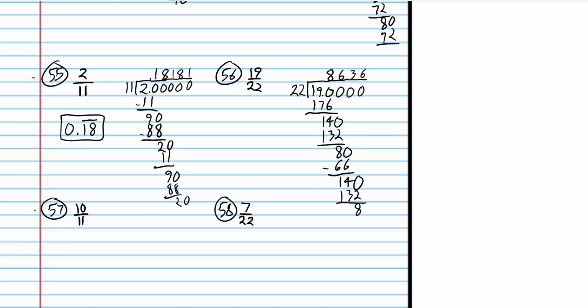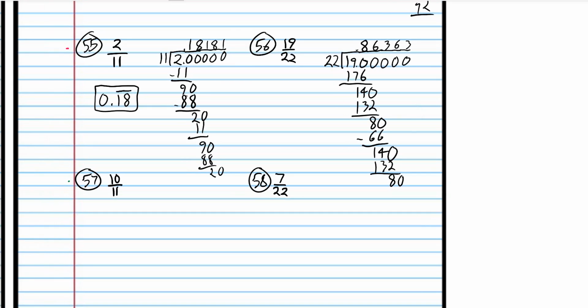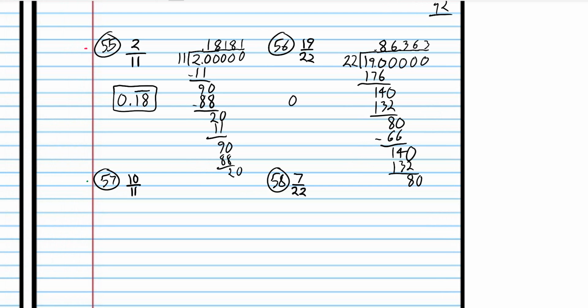And now we got 8, but we already had 8. So again, you can see what's going on here. Bring down a 0, and 22 goes into 80 3 times. And as you can see, the 6 and the 3 are repeating. Bring your decimal straight up, and we have 0.8. The 8 is not repeating, but the 6 and the 3 are repeating. So you put the bar over the 6 and the 3 only.